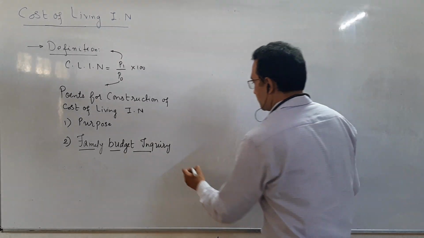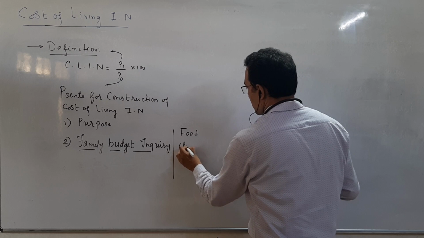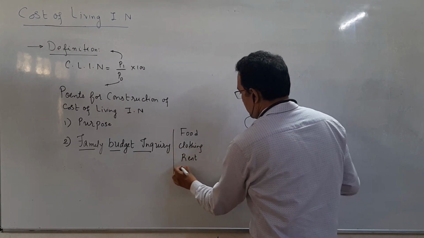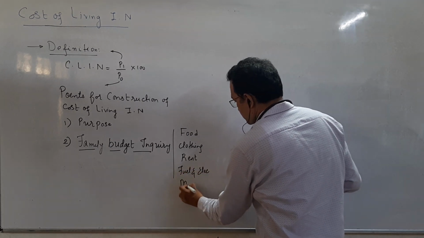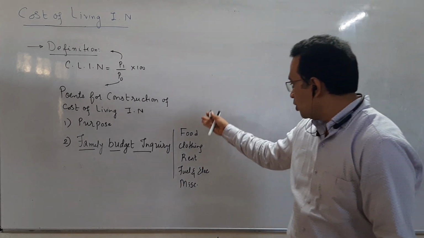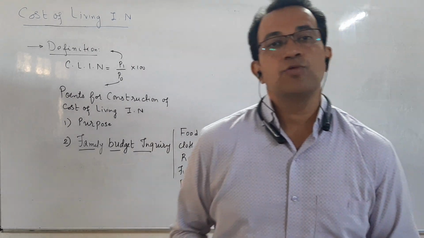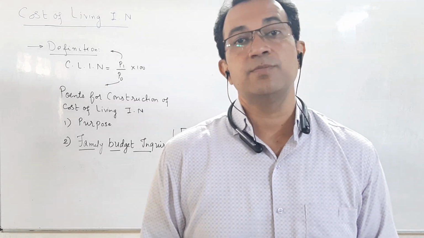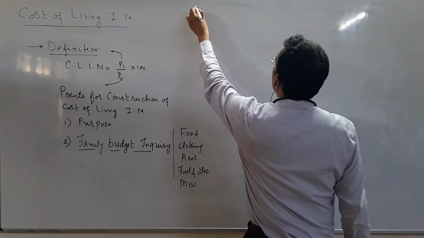And in this, the 5 items which are considered are food, clothing, house rent, fuel, and electricity. The last is miscellaneous expenditures. So your monthly family budget is based on this. You can ask your mother who is managing the budget, and you can ask your father who is funding the budget.